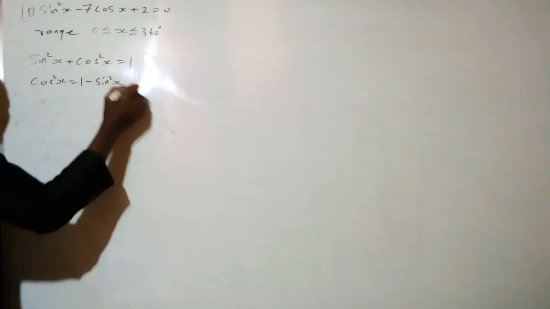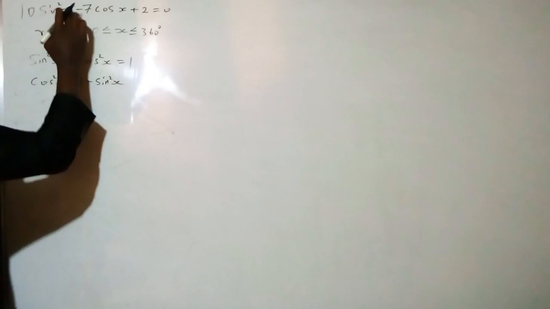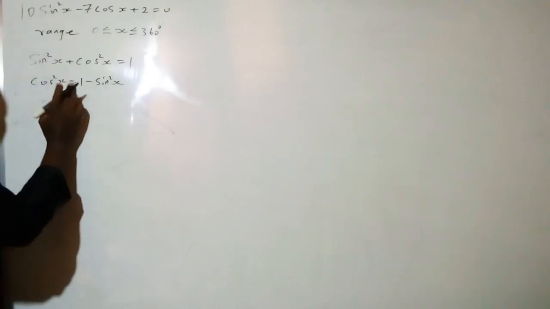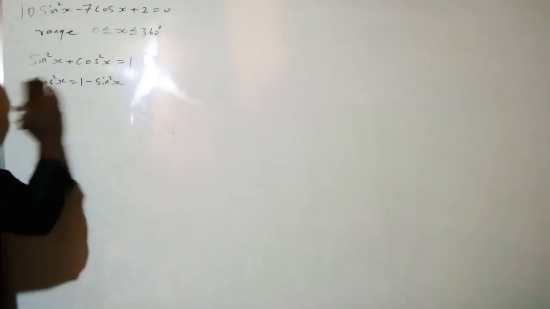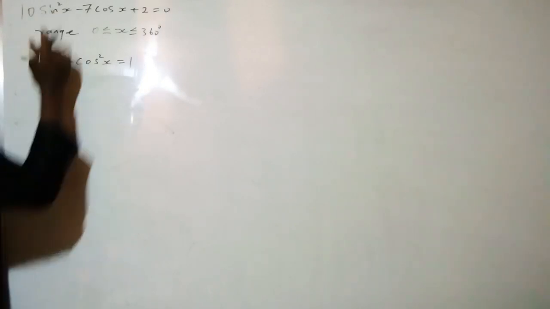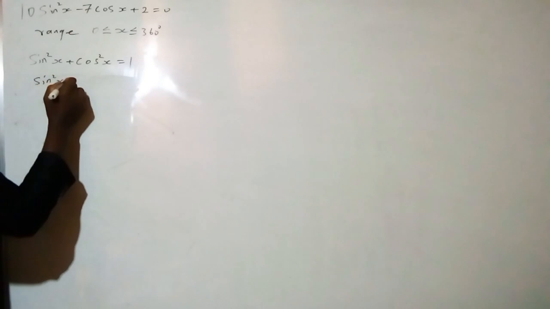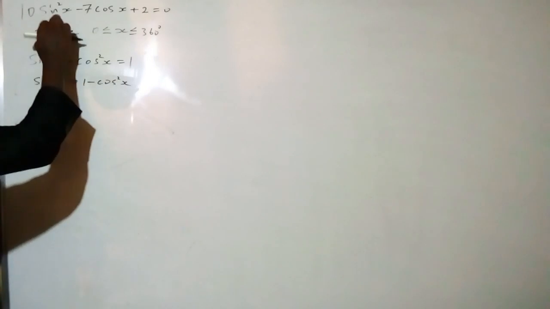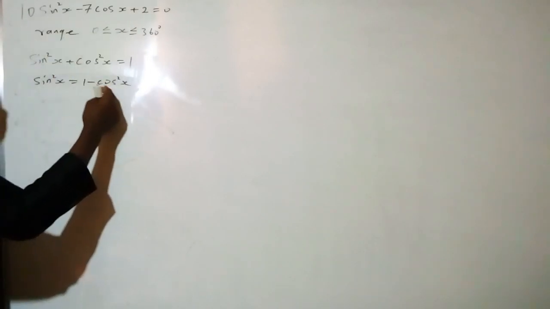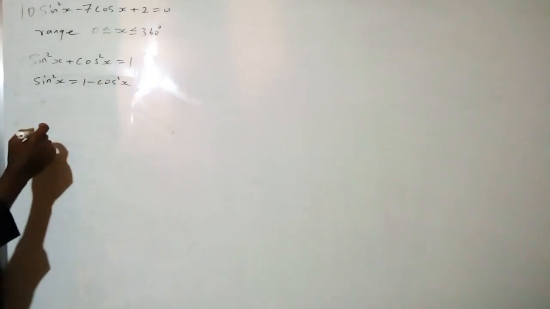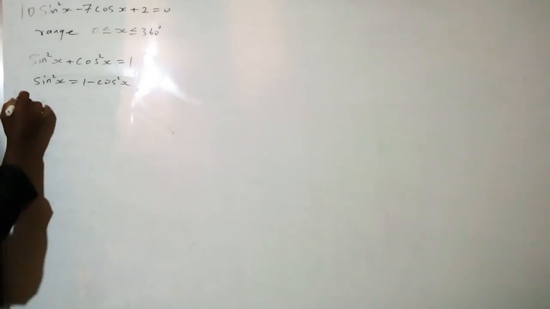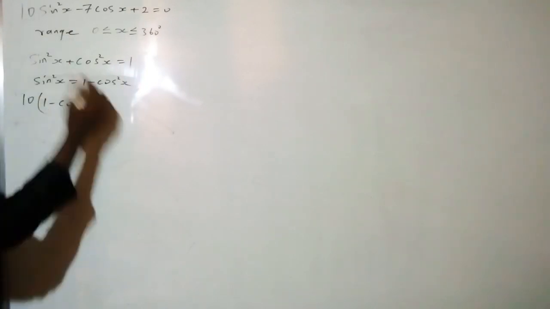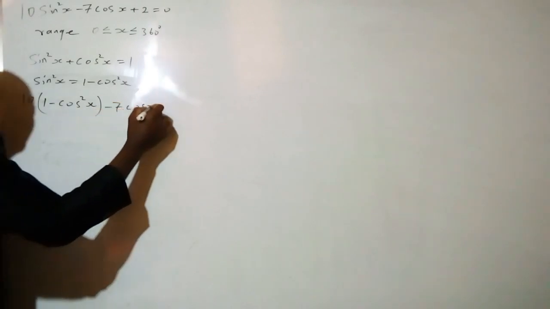Because here we have sine squared x, we replace it with 1 minus cos squared x. So 1 minus cos squared x minus 7 cos x plus 2 is equal to 0.